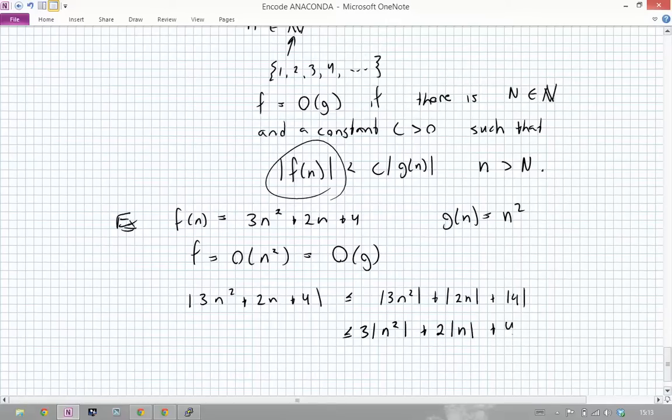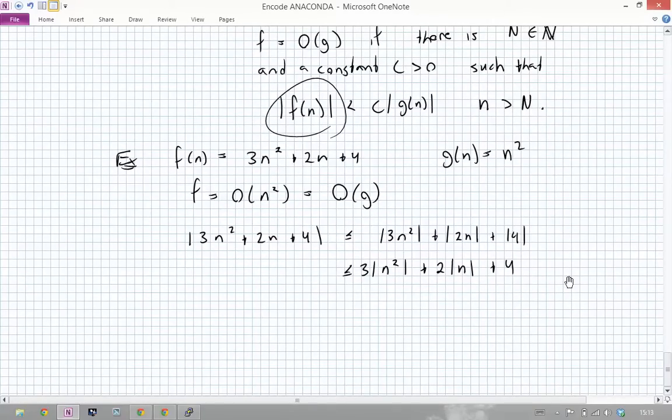And some more manipulation. In fact, that's an equality. Here's a less than. So how do you read these inequalities, these stacks of equations? This one is the relationship between the left and the right.